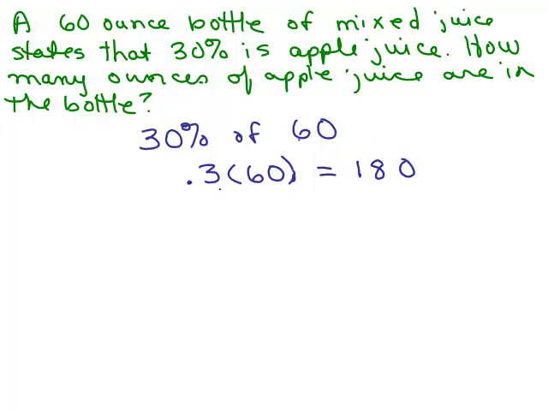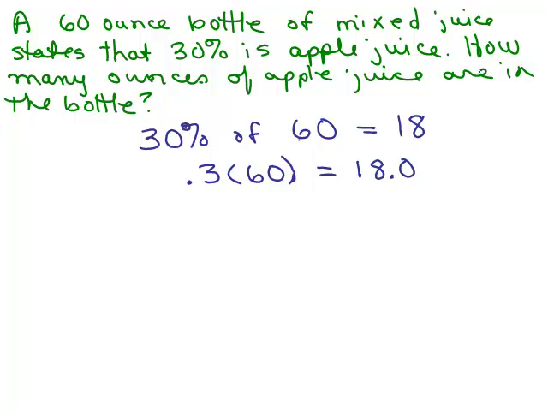And then you need to move the decimal in one place. So it's 18. So 30% of 60 is 18. Now you could have also done this with a fraction as well. Now that's one way of getting how much pure apple juice is in this mixed juice bottle.